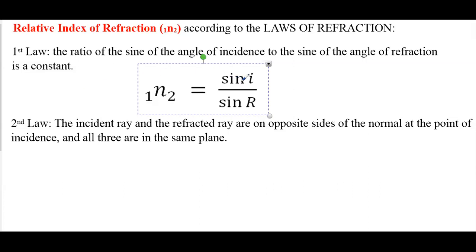So regardless of what the incident angle and refracted angle are, if you're going from, say, crown glass into water, these two angles will change in such a way that when you divide them, whether the angle of incidence is 5 degrees, 10 degrees, 30 degrees or 40 degrees, you'll always get the same value for your relative index of refraction.